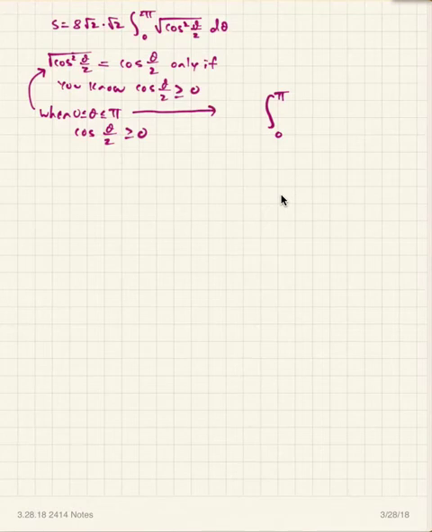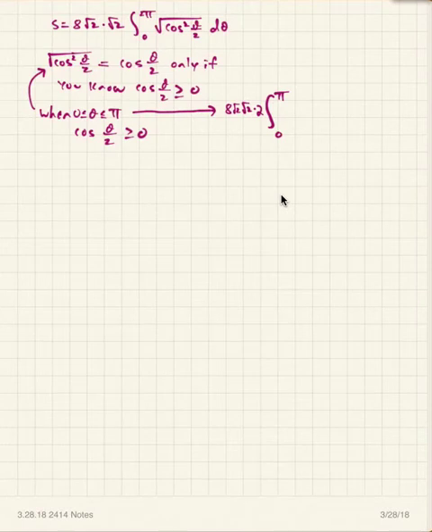So notice that 8 times the square root of 2 times the square root of 2 is 16, right? So let me go ahead and write this. This is 8 times the square root of 2 times the square root of 2 times another 2. And that last 2 comes from the fact that I'm going to only integrate from 0 to pi in this problem, and not from 0 to 2 pi.